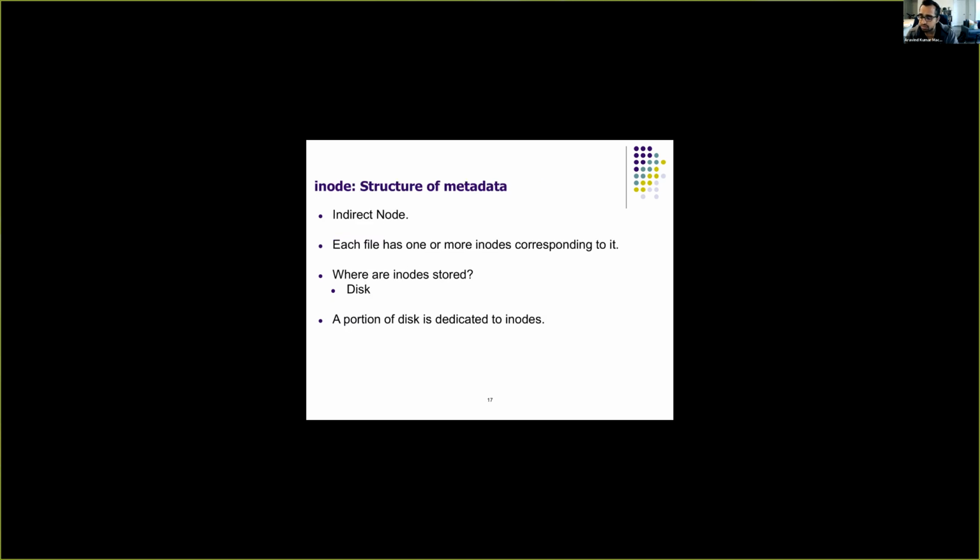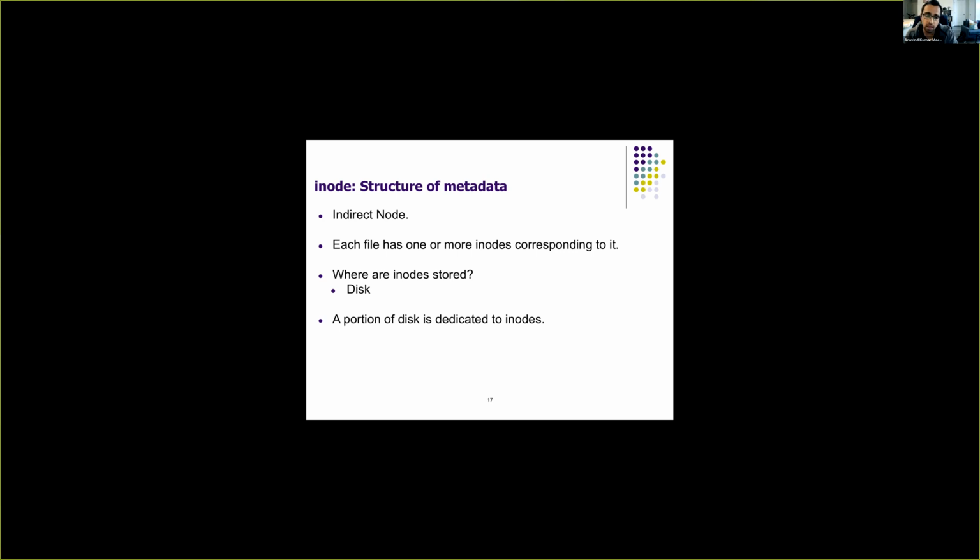The structure in which file metadata is stored is called an inode, which stands for indirect node. Each file can be composed of one or more inodes. So a file system maintains all the inodes for each file, and there could be multiple inodes corresponding to each file.